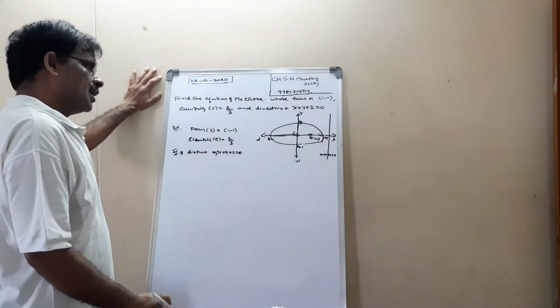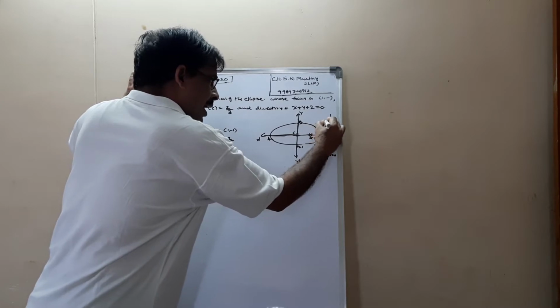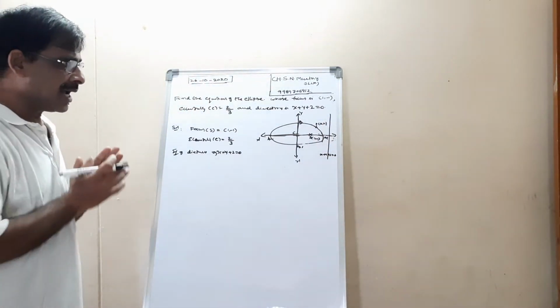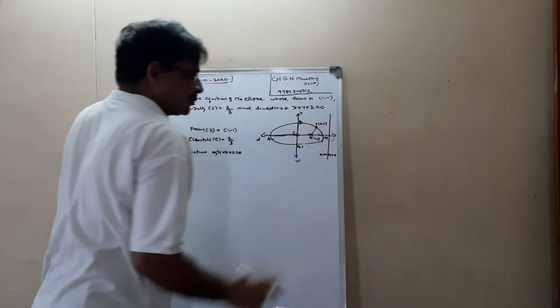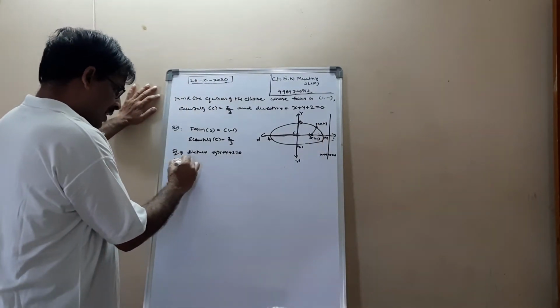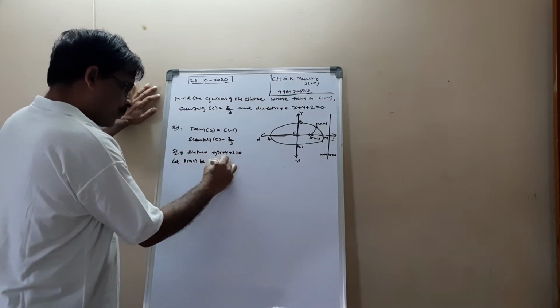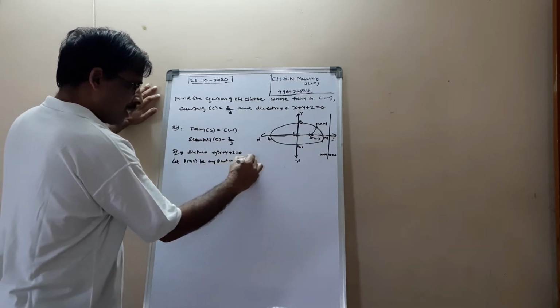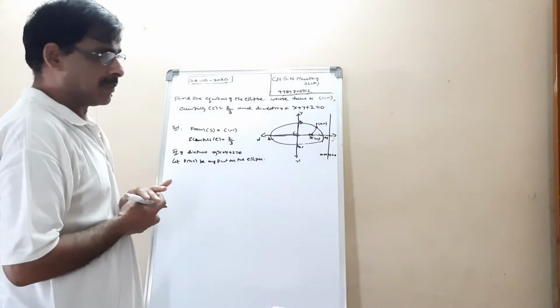You take any point P on the ellipse. Join these two, SP. Let P(x, y) be any point on the ellipse. You write the given information.